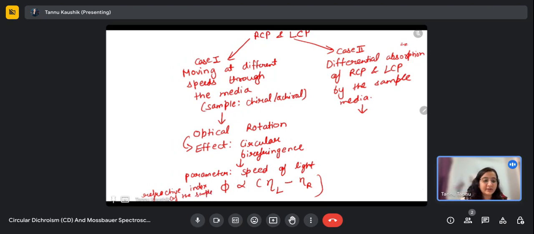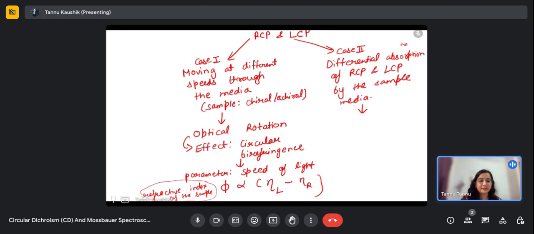Due to the difference in the refractive index, like we have one sample, it has a refractive index of its own.